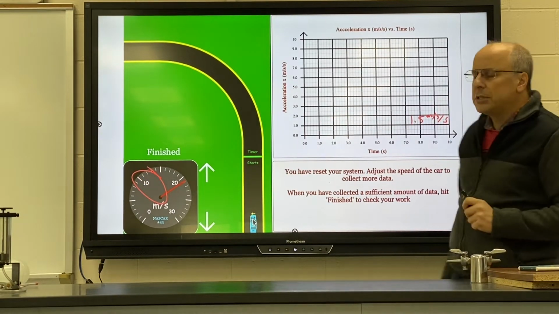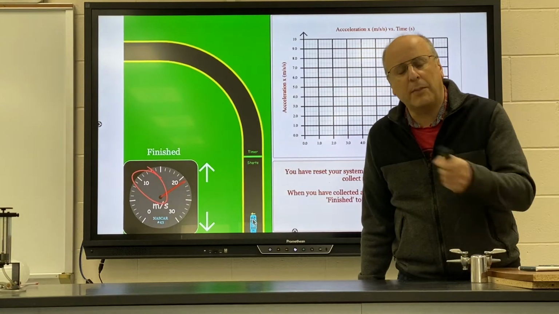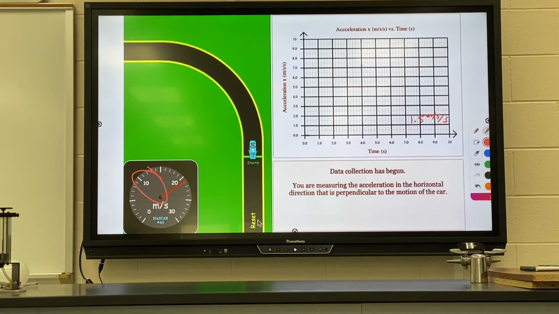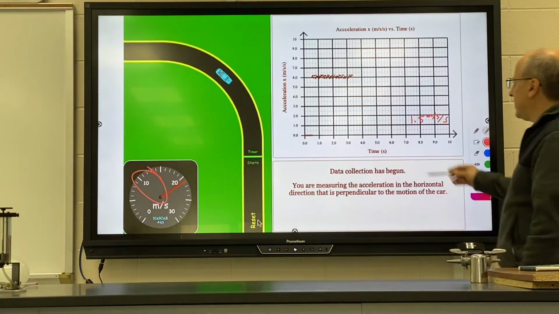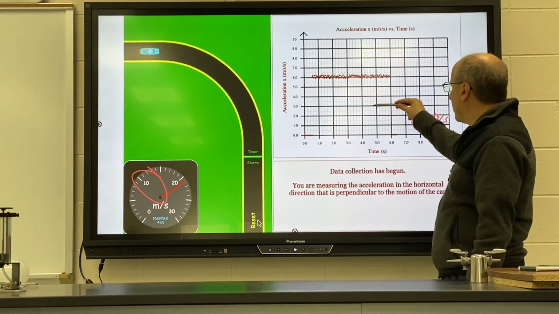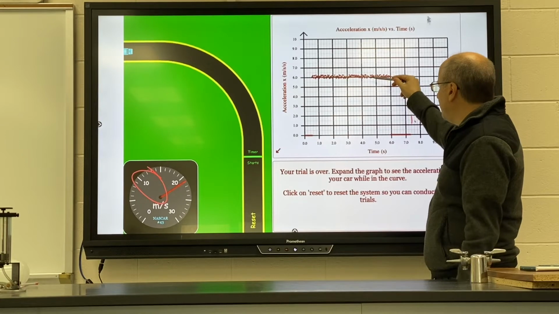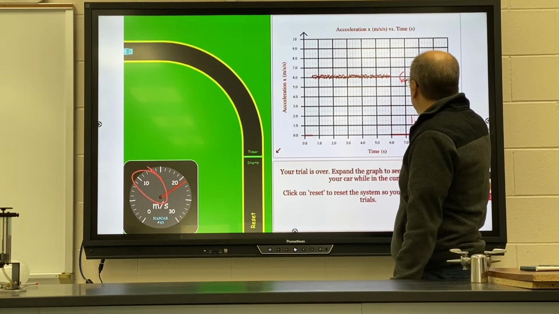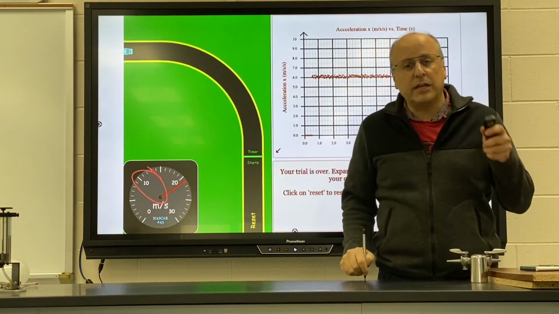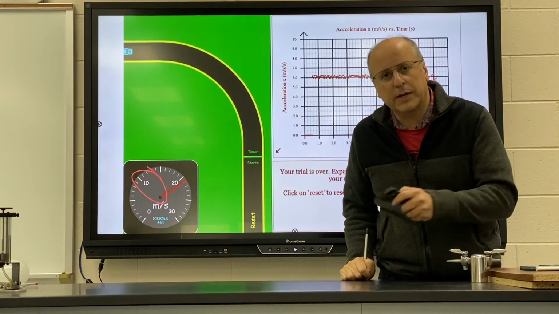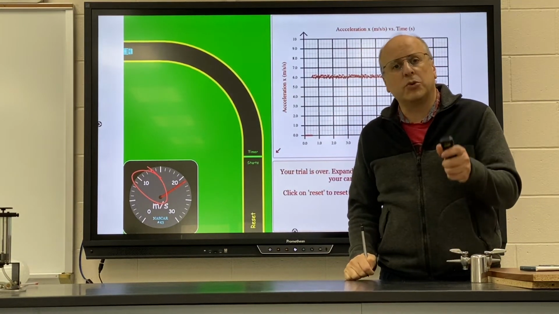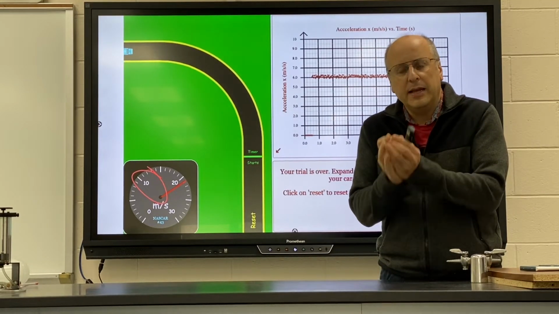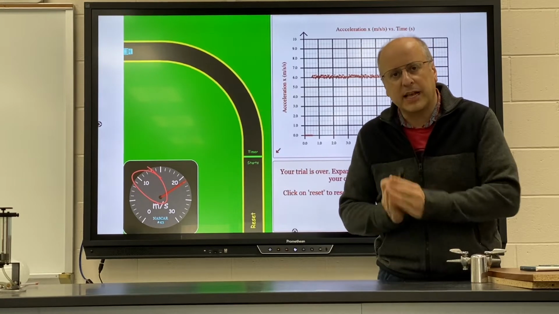Let's boost the speed to a little more than double the original speed and go around the turn again. You can see that the acceleration didn't double to 3, but quadrupled to around 6 meters per second squared. This shows us faster speeds give more acceleration, but it's a squared relationship, meaning doubling the speed gives 4 times the acceleration.